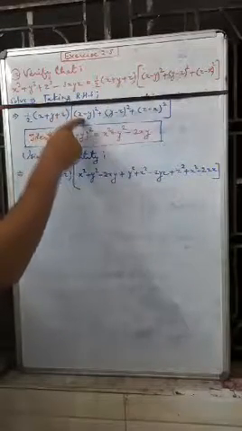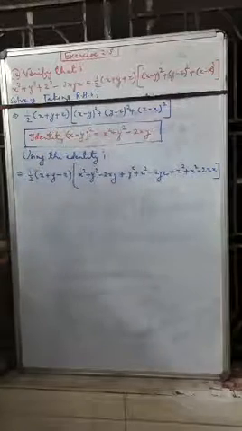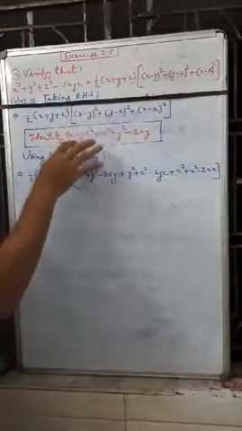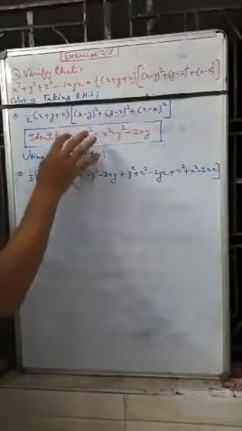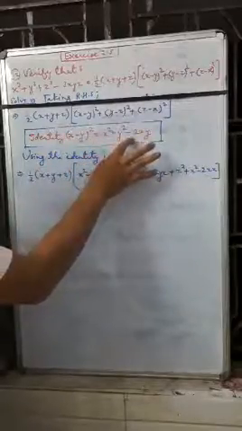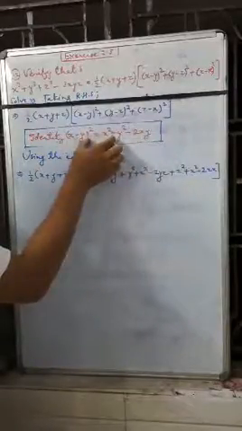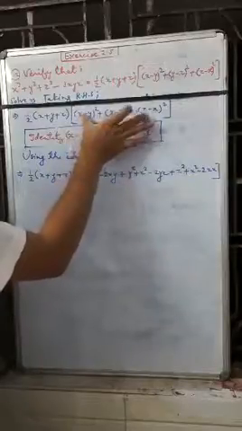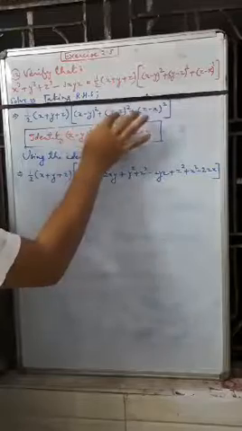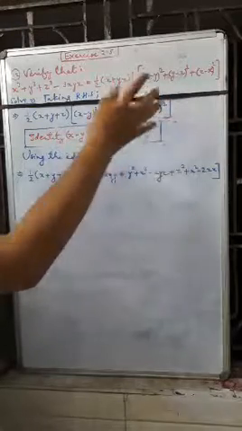And here you are getting x minus y whole square plus y minus z whole square plus z minus x whole square. So we can use the identity a minus b whole square, so x minus y whole square is equal to x square plus y square minus 2xy. So this identity we have to use here to expand the terms x minus y whole square, y minus z whole square, and z minus x whole square.